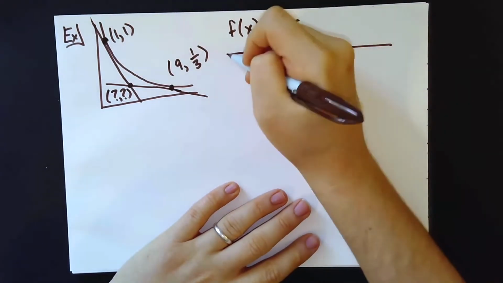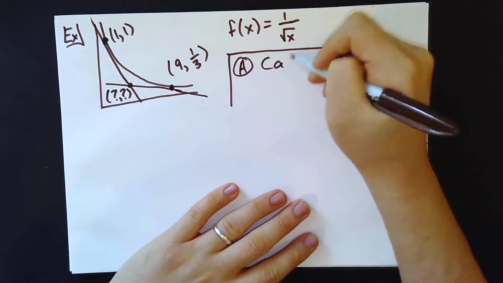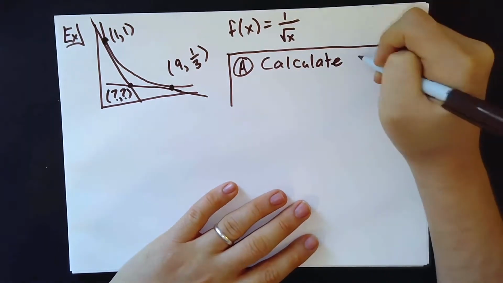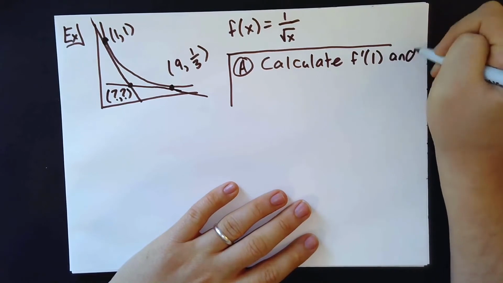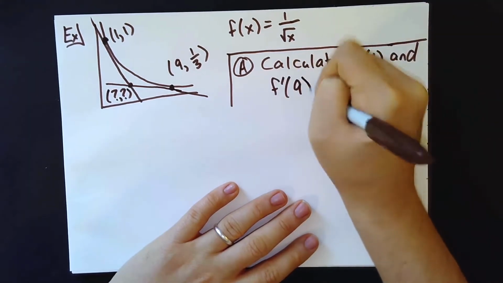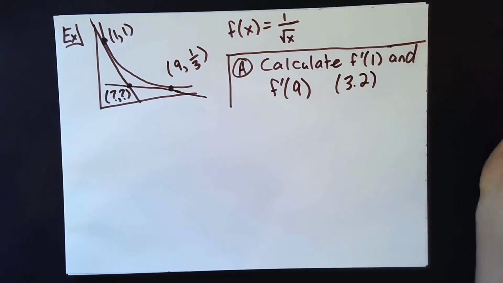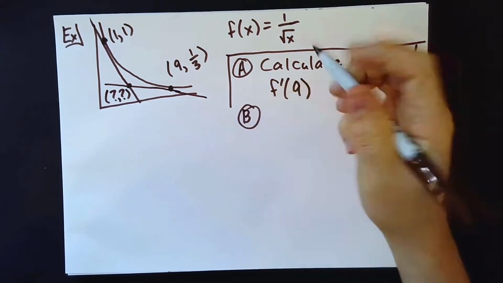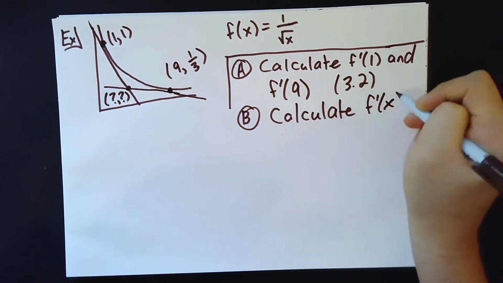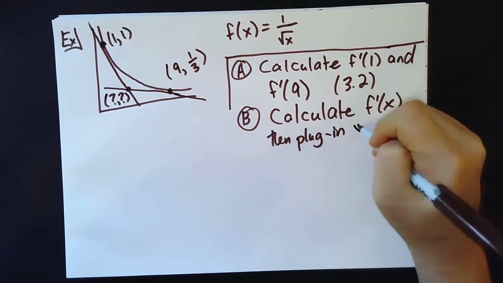And I have 2 choices of how I could do this. I could calculate both f prime of 1 and f prime of 9, the way we did in section 3.2. Or I could calculate f prime of x, the way we've been doing in this section, and then plug in 1 and 9.